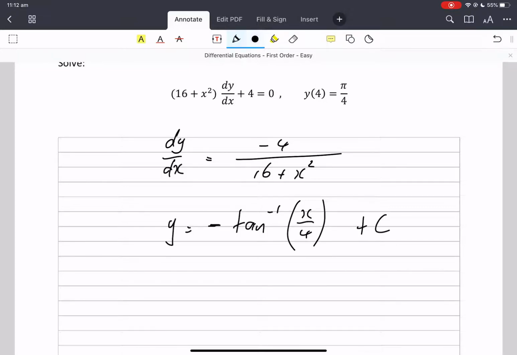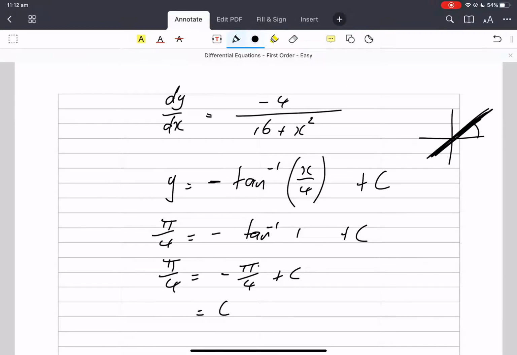So the value of y is pi on 4 when x is 4. Well, 4 on 4 is 1. Arctan of what is 1? Well, that's my slope of 1, so that's going to be pi on 4.